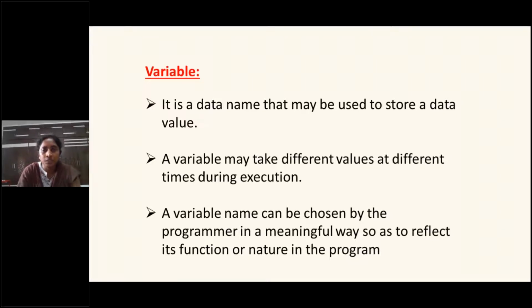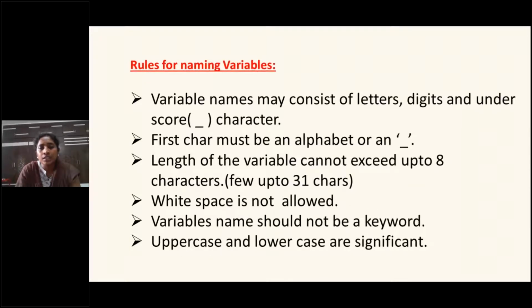There are different rules for declaring variables in a C program. The variable may contain letters or alphabets, and some compilers will also accept an underscore as the first character of a variable.